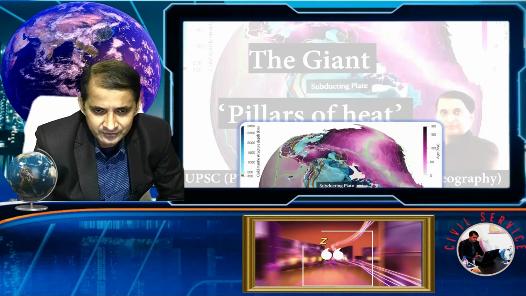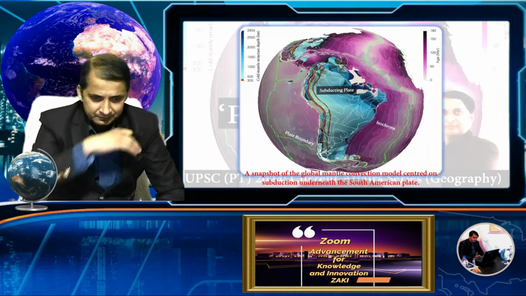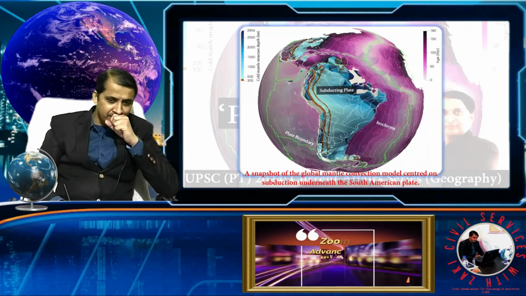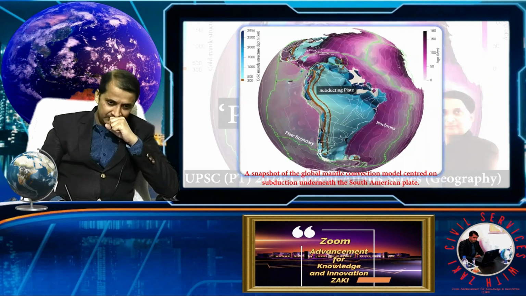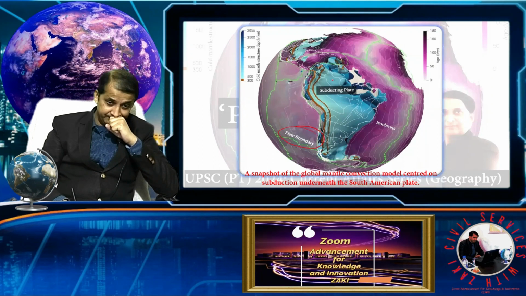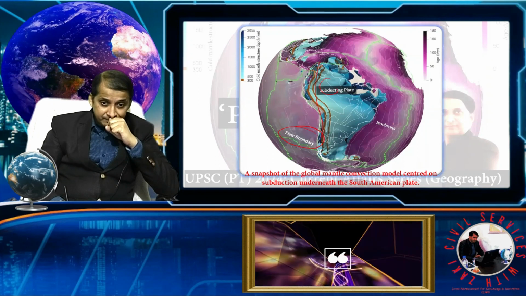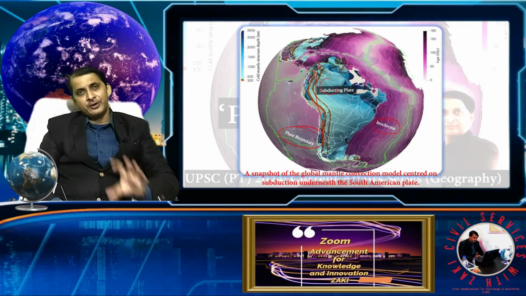So let's move forward. See here, it is a snapshot of a global mantle convection model. If you see here, plate boundaries, here a subduction zone, also here isochrones. You can find all these.